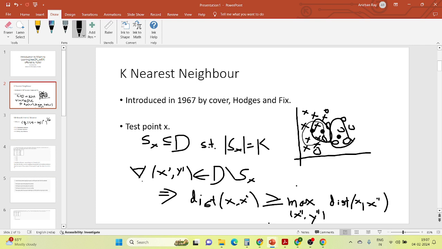Now for all the x dash, y dash, a new point that is within D but not in Sx. What does it mean?